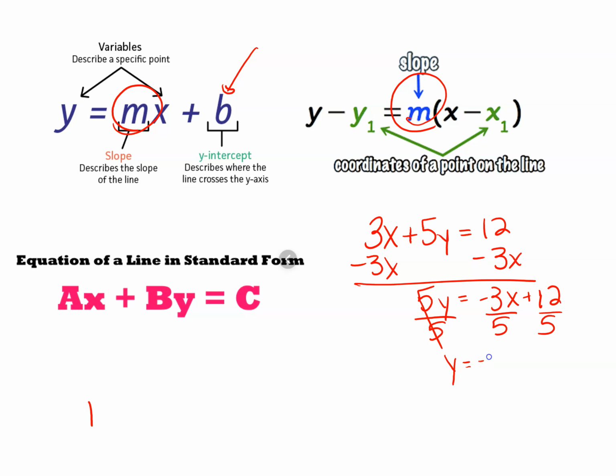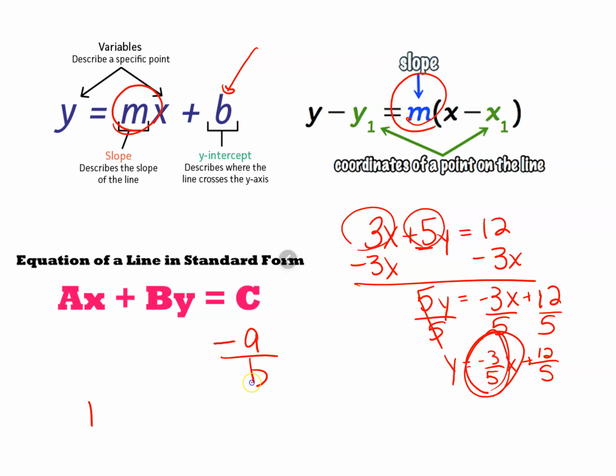And y equals negative 3/5 x plus 12/5. All I'm really interested in for this problem is this slope right here. So every time I do that, I'm doing the same thing. I'm taking the opposite of a and dividing by b. So I can just remember that when I see standard form, I'm going to take the opposite of the a and divide it by b. The opposite of the coefficient of x divided by the coefficient of y.